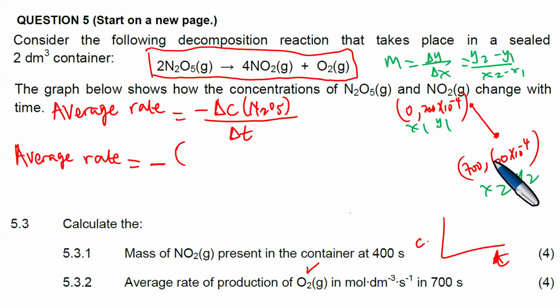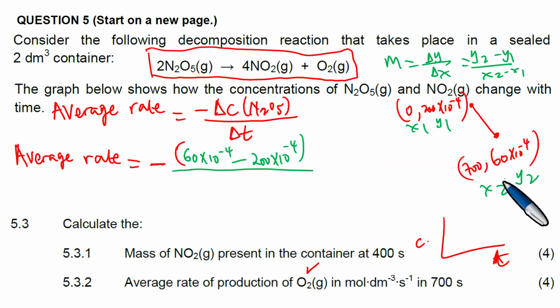The change in concentration: y2 is 60 times 10 to the minus 4, minus y1, 200 times 10 to the minus 4, all divided by the change in time. Whenever you have 60, 60 goes with 700, minus x1, 0.